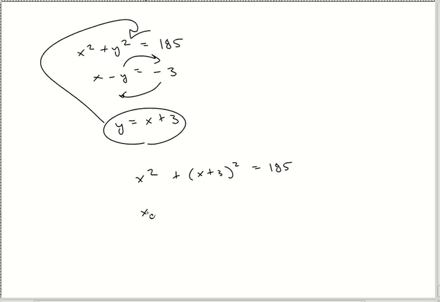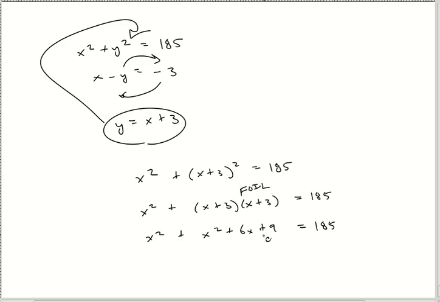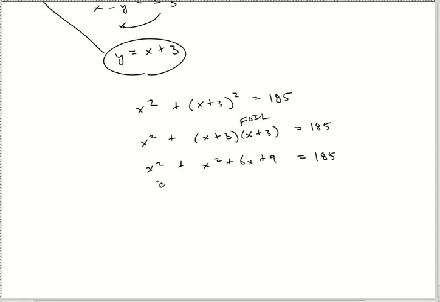Now, what I need to do is FOIL this guy out. I'm going to show you the step, just so that you know what I'm actually doing, though at this point I'm sure you could do it without me showing you that. I got x squared plus the 6x plus the 9 when I FOIL that guy out. These guys don't cancel.